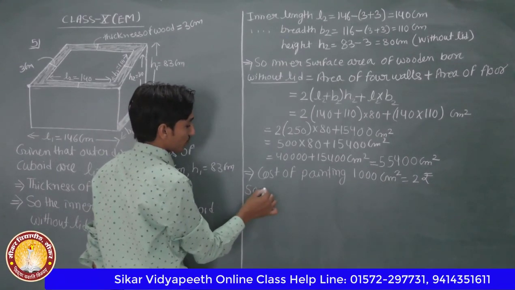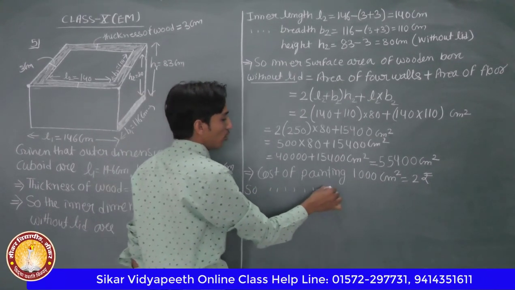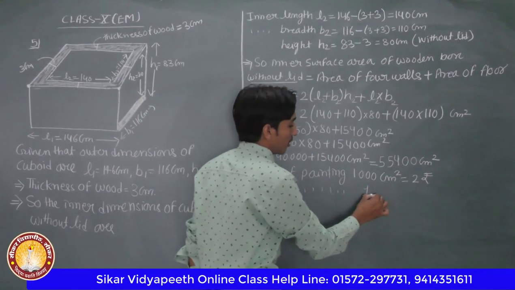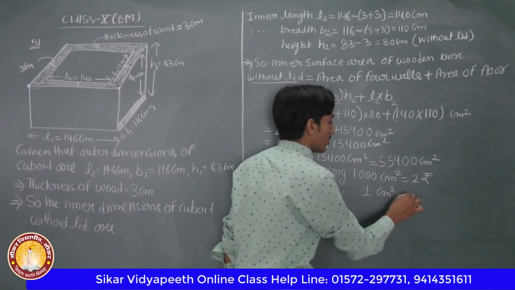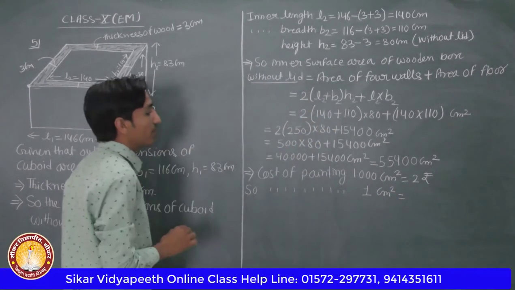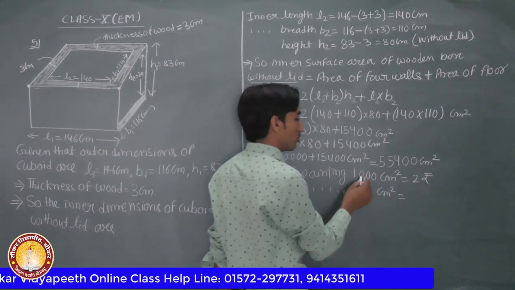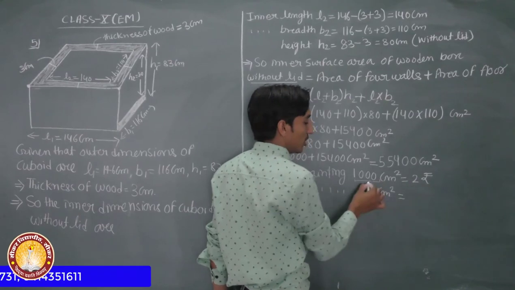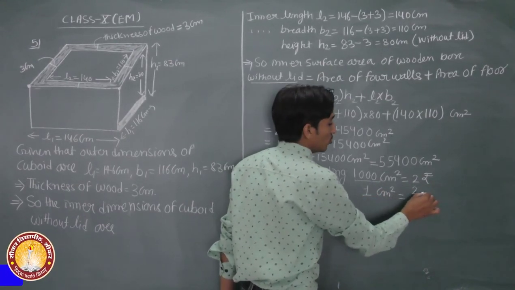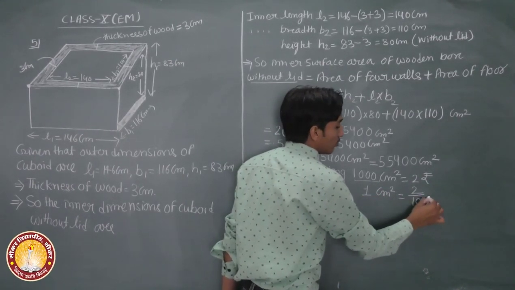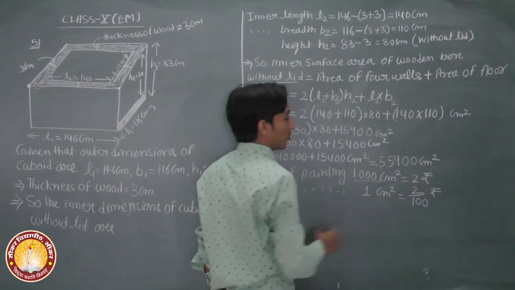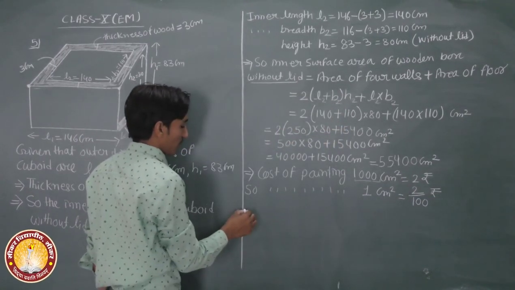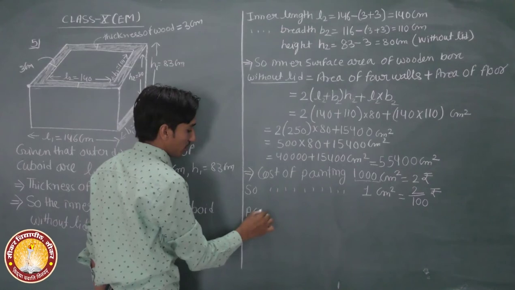So cost of painting 1 centimeter square is equal to 2 upon 1000 rupees.